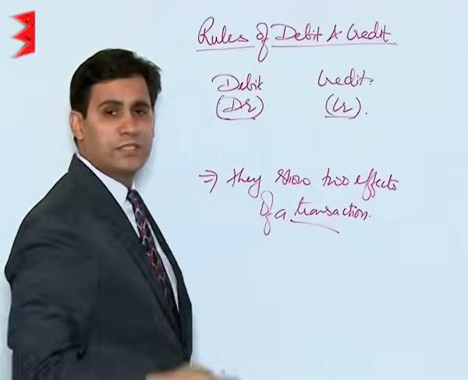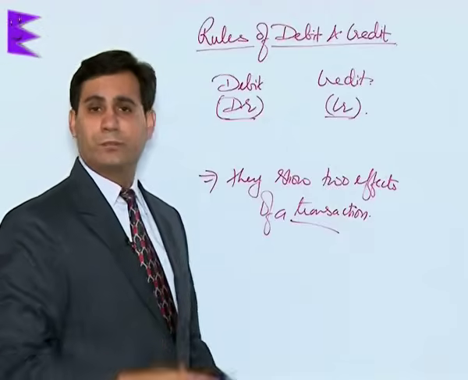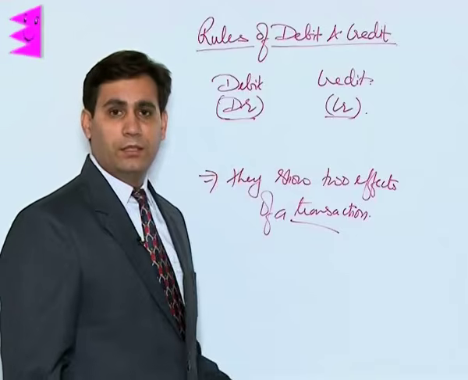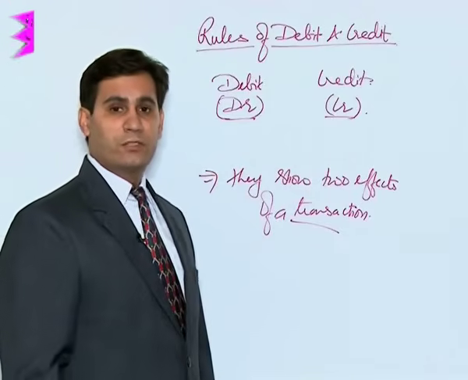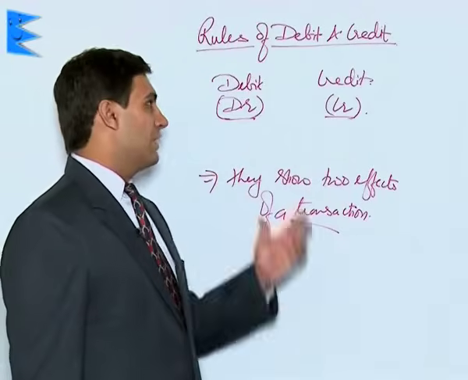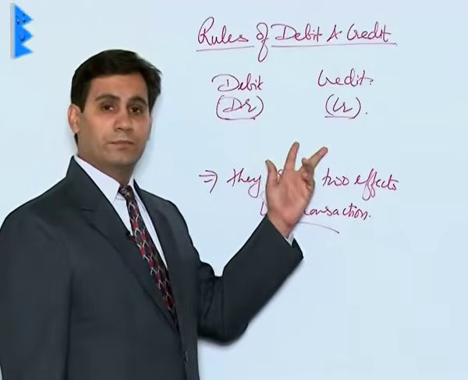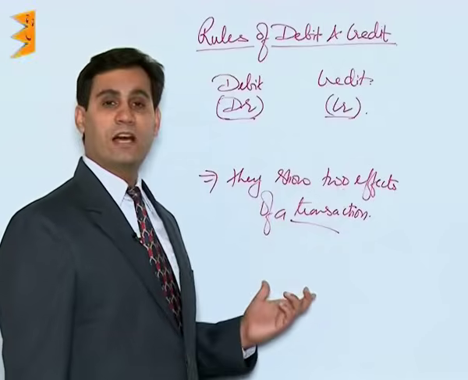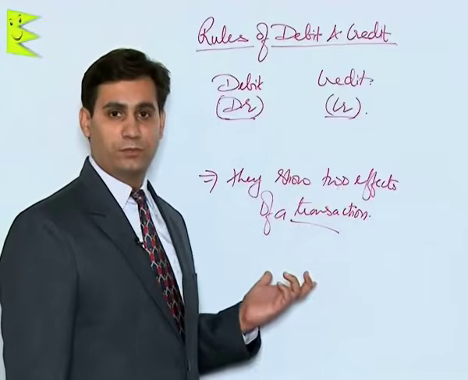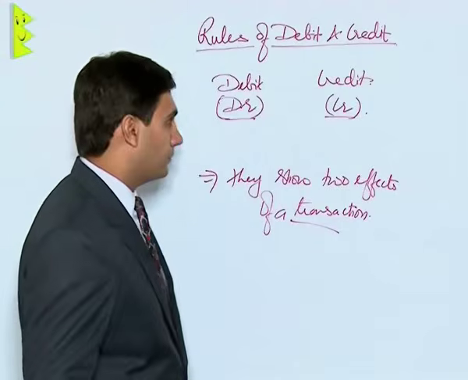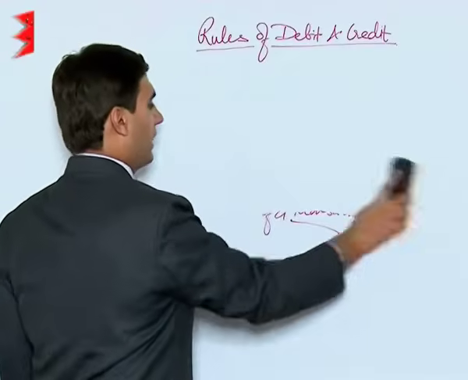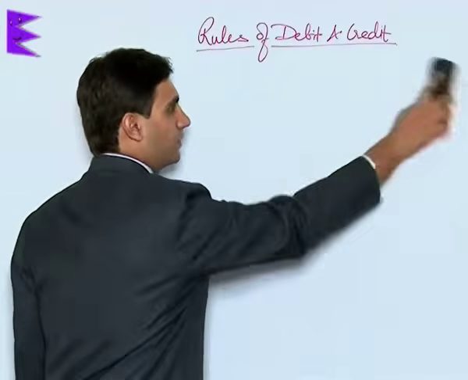There are lots of theories and lots of interpretations of how these terms have actually come into being, but we will not go into the historical aspect of it. We'll just remember that debit and credit are the two terms which are used to show two different aspects of a transaction. Now students, in order to use debit and credit, we must understand the classification of accounts.